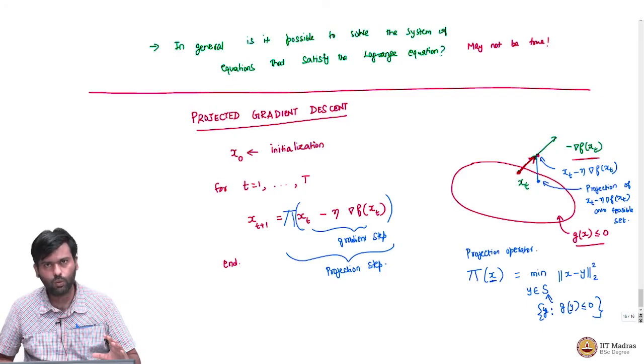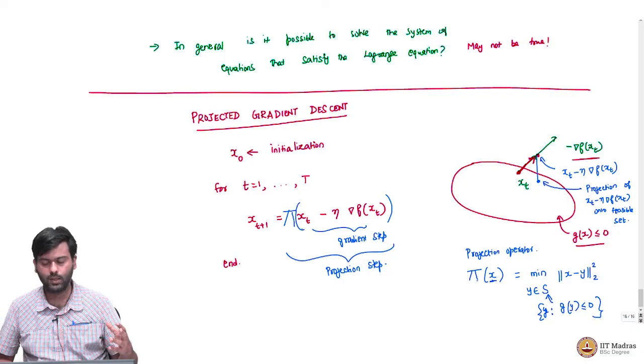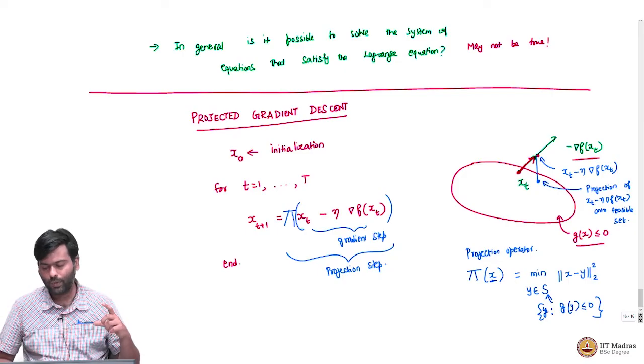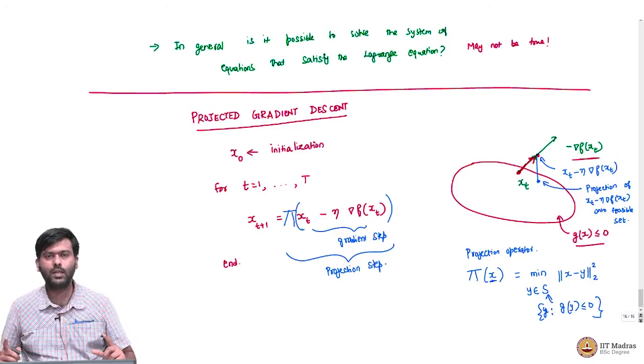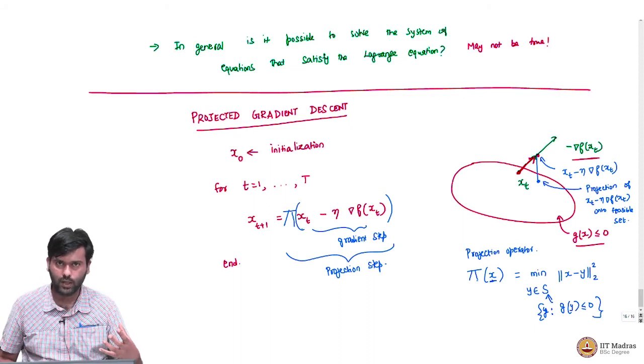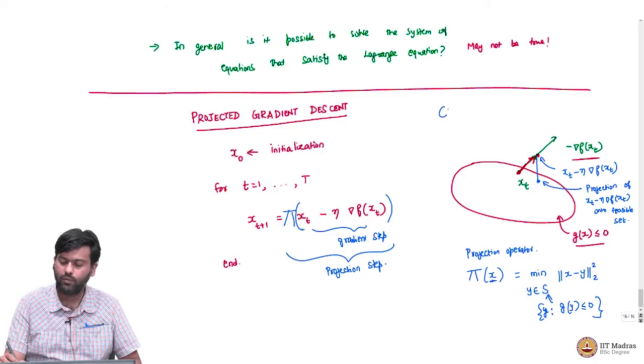And one can show, and we will talk more about this in the next class, in the next video, that if your constraint set satisfies something nice, specifically if your constraint set is a convex set, right? We briefly talked about convexity earlier also, right?